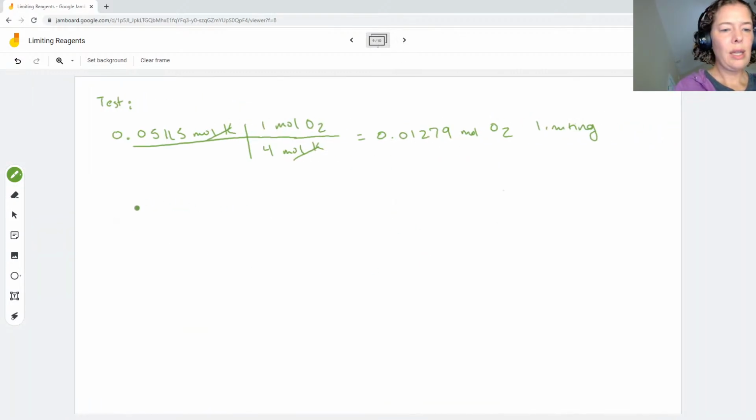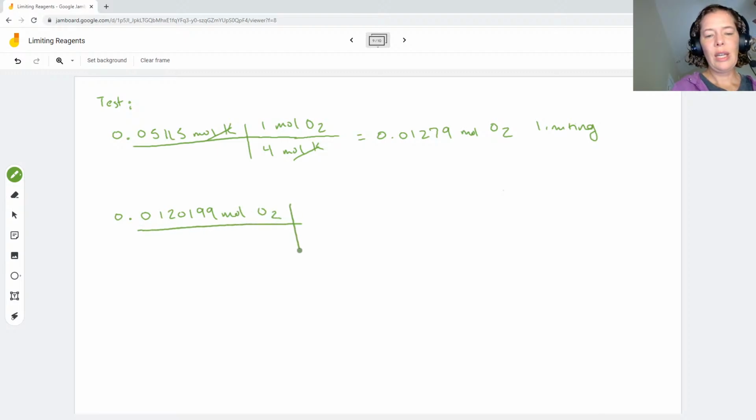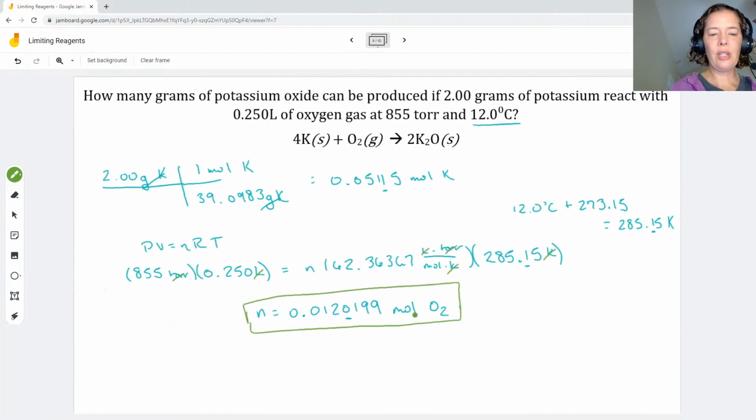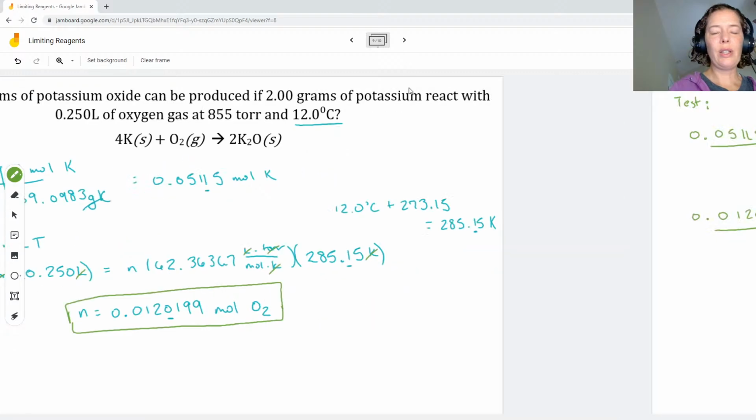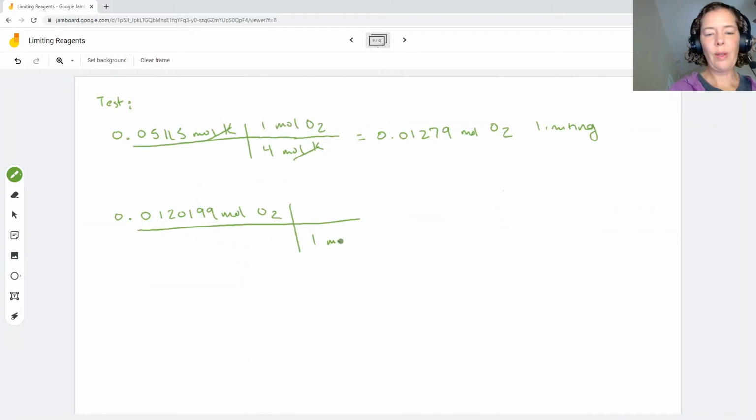And I have 0.012019 moles of oxygen, and I have been asked to convert to grams of potassium oxide, so that is a 1:2 ratio. 2 moles of potassium oxide.